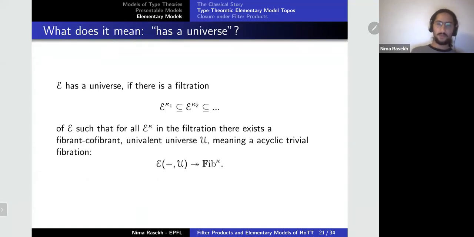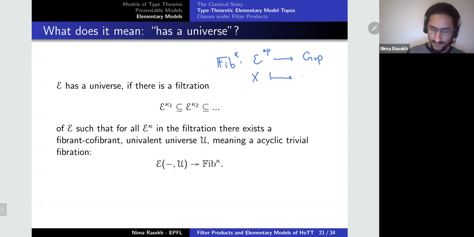Has a universe should be interpreted as the category can be filtered in some way, such that this functor Fib. So I should recall, Fib was a functor from the opposite category of E to groupoids, which takes an object X to the fibrations over X, but then the maximal subgroupoid.